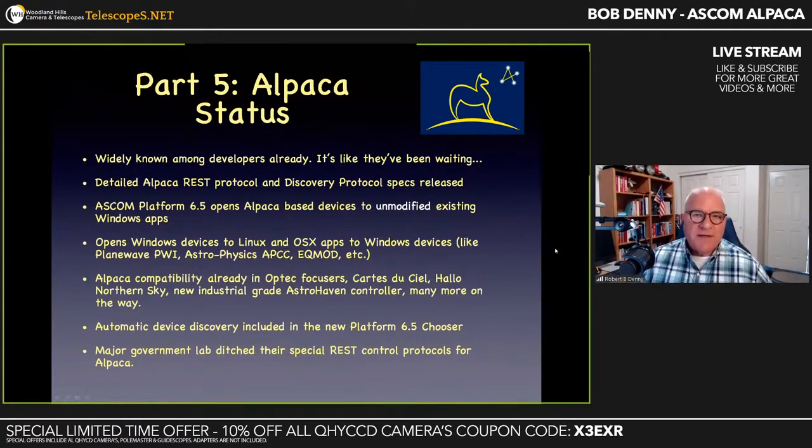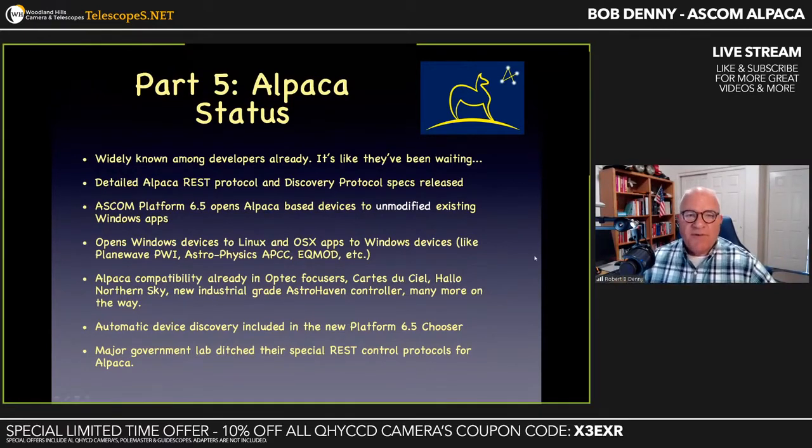The protocol specs are all done and published. If there's any change to any of the abstract interfaces, that is the definitions of the objects and actions, they will be made to both the COM side and the Alpaca side simultaneously going forward. So you can be sure that you won't have a disconnect between the two. Compatibility is the number one thing with ASCOM.